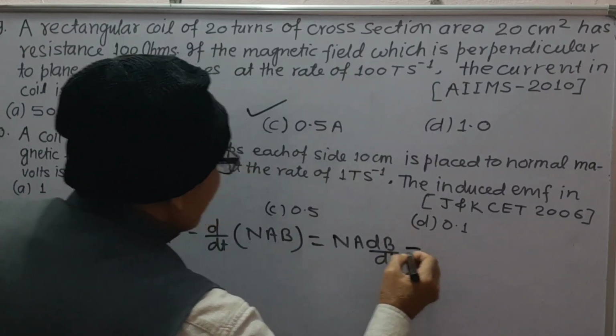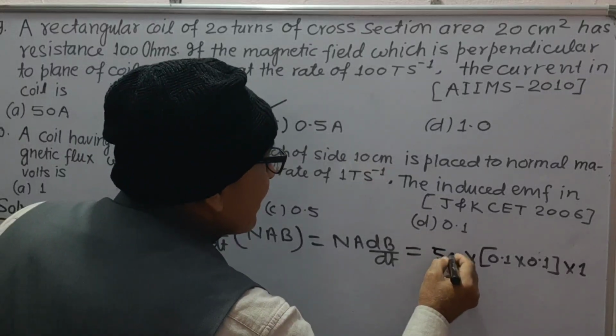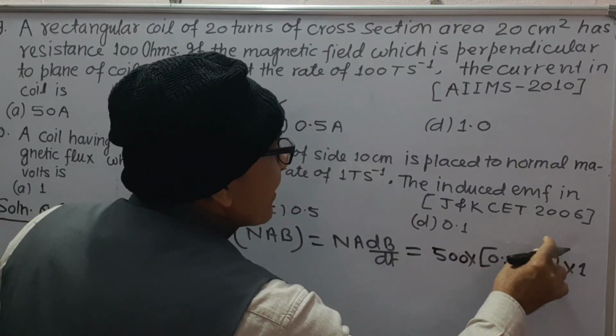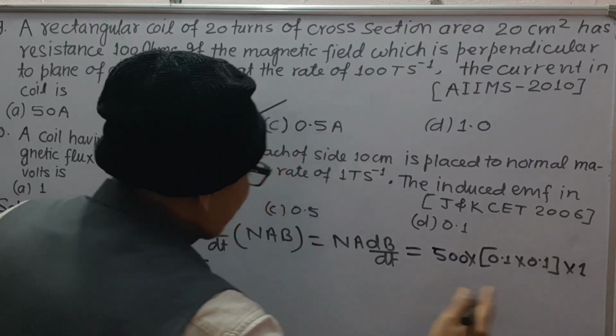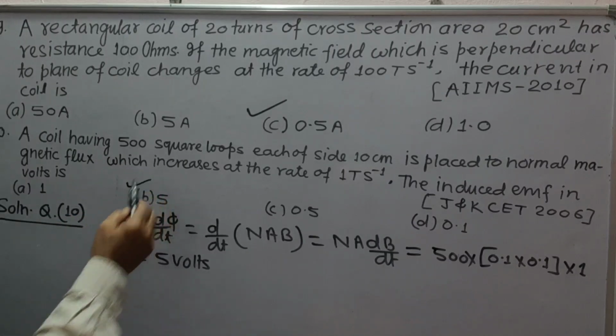Putting the corresponding values, we get N is 500 turns, A is 0.1 into 0.1 and dB by dt is 1 Tesla per second. So it gives E as 5 volts. So the correct option will be B.